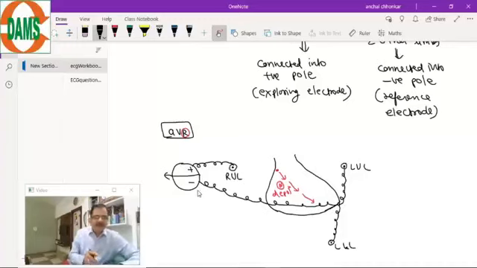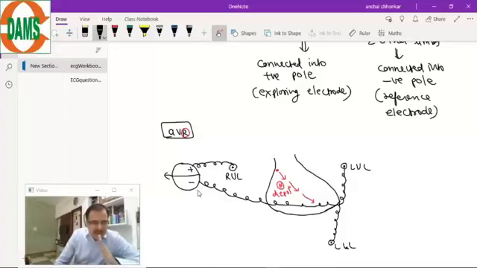So how will we make the vector of AVR? Listen carefully, the basic principle of any vector: the arrowhead is towards the exploring electrode, so no doubt the arrowhead will be towards the right upper limb, but where will the tail be?